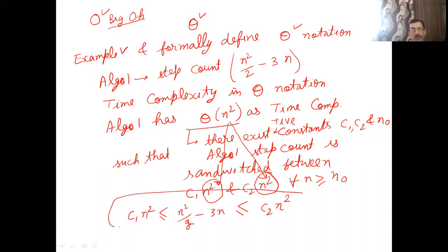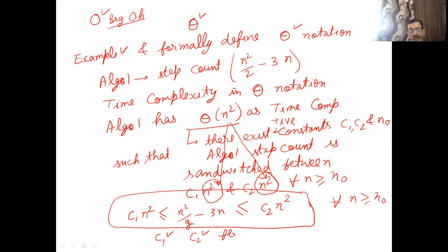This is what must be true for all n greater than or equal to n naught. If guaranteedly I am able to find C1 and C2 to satisfy this mathematical relation for larger values of n, if it is satisfied, then I say my time complexity of this algo is claimed as theta n square.